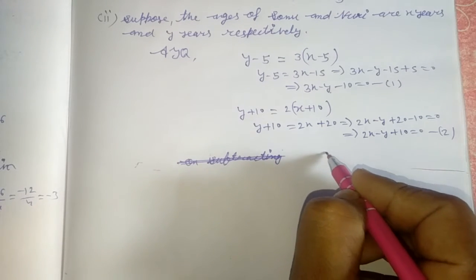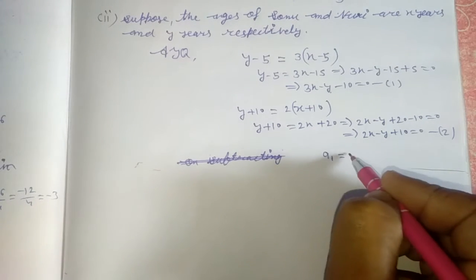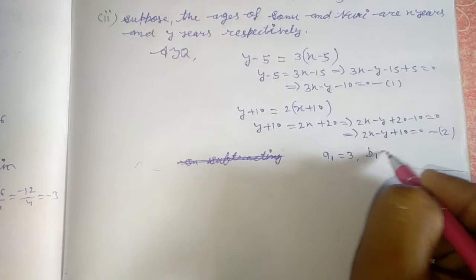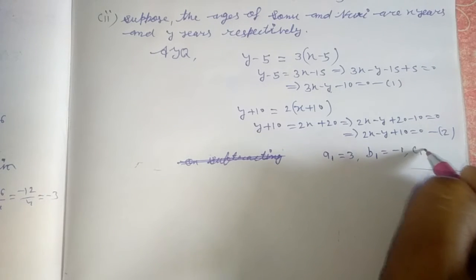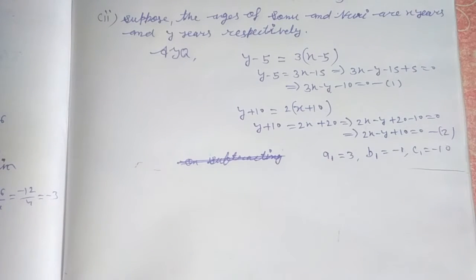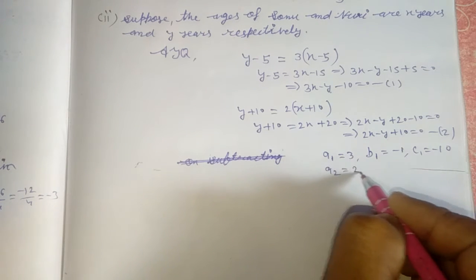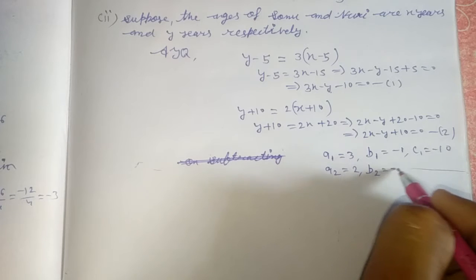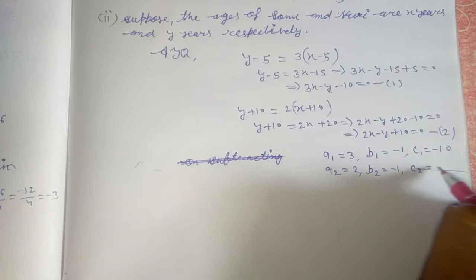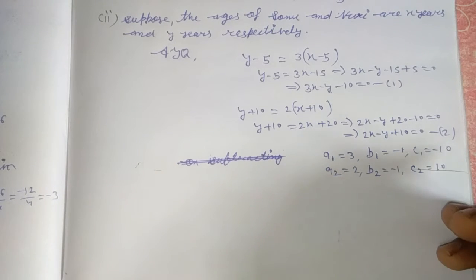So now look, a1 is equal to 3, b1 is equal to minus 1 and c1 is equal to minus 10. Again a2 is equal to 2, b2 is equal to minus 1, c2 is equal to 10.